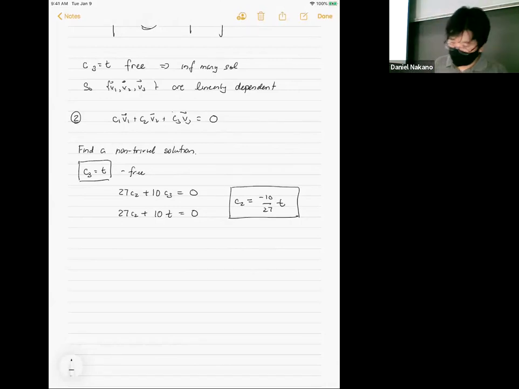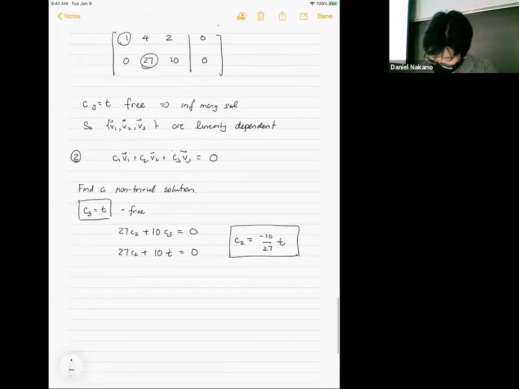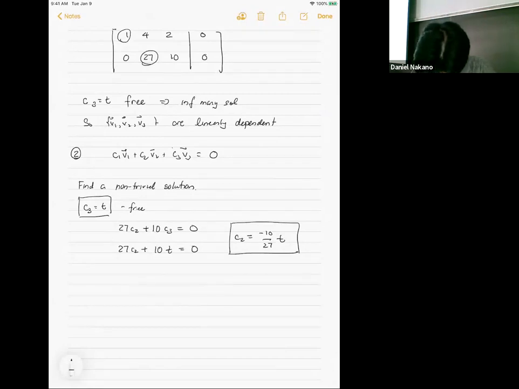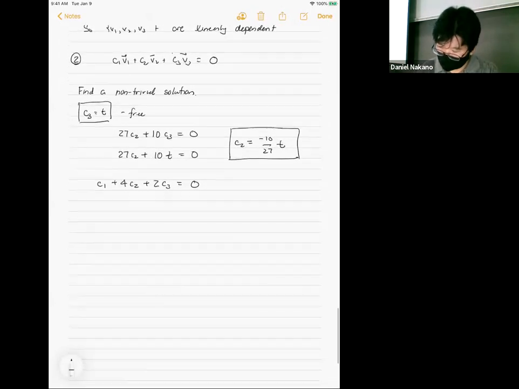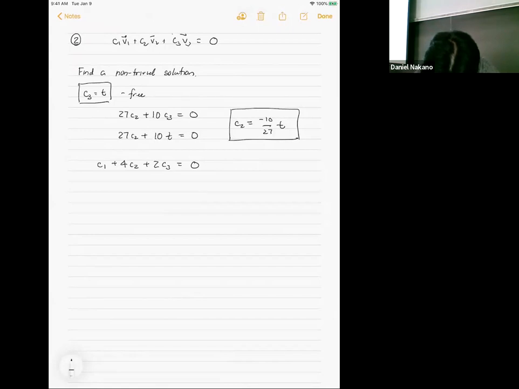Okay, and now we can back substitute up one more time. So we have C1 plus 4C2 plus 2C3 being 0. That's the top equation up here. So that means C1 plus 4C2, so that's minus 40 over 27 T, plus 2T is 0.